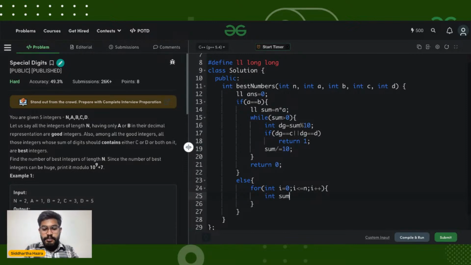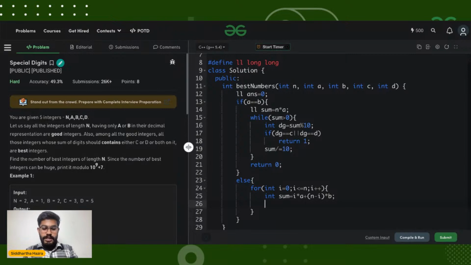So now I would say sum is equal to i multiplied by a plus the remaining number of values, n minus i, multiplied by b. See, 0 multiplied by a plus b multiplied by 5. This is what we are doing at this point.